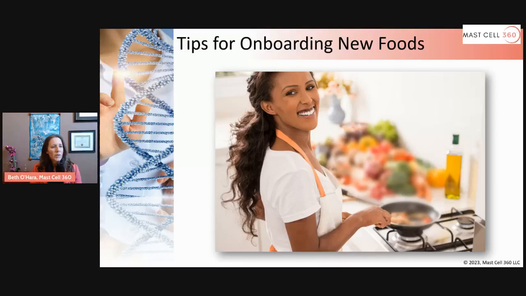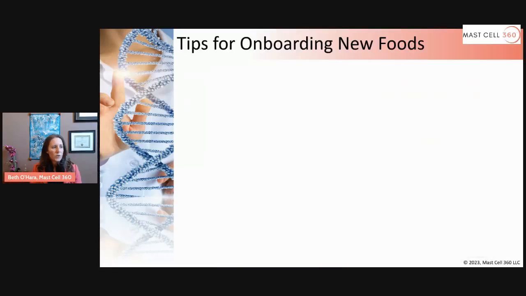All right, let's wrap up with these tips for onboarding new foods. How do you get them on board? I have people cook a few servings and freeze them in the amounts you're going to try. So let's say, for example, you're going to try oyster mushrooms.